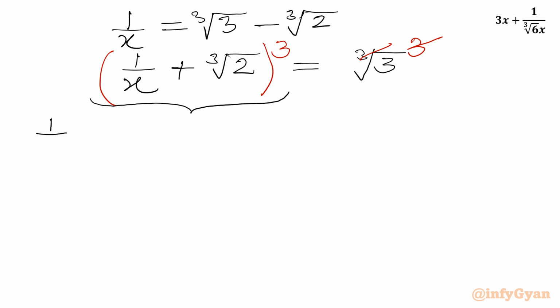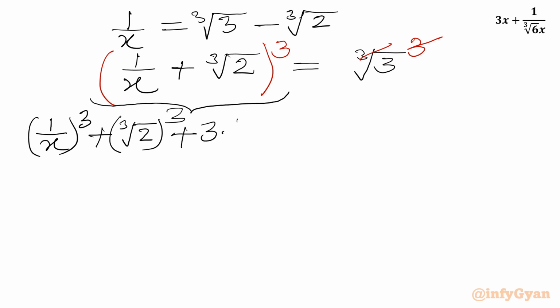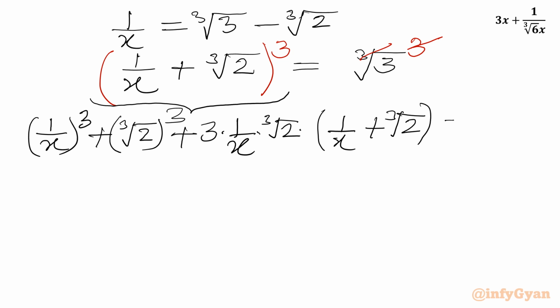So I can write (1 over x) whole cube as a cube, plus (cube root 2) whole cube as b cube, plus 3ab times (a plus b), that is 3 times 1 over x times cube root 2 times (1 over x plus cube root 2). RHS is 3. Now 1 over x plus cube root 2 is cube root 3.